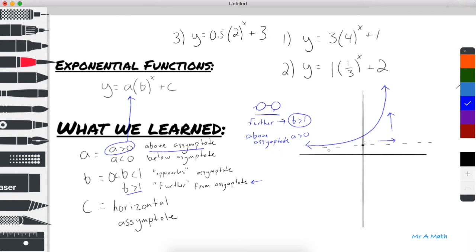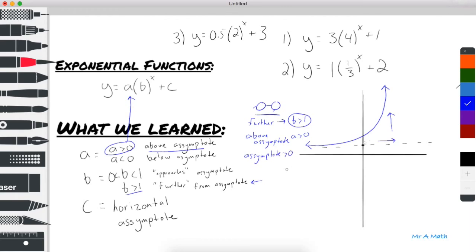And then lastly, my horizontal asymptote. I do not know what exactly my horizontal asymptote is, but there is one point of information that I know about it. It's above the x-axis, so that means it's going to be positive. So my horizontal asymptote is positive.